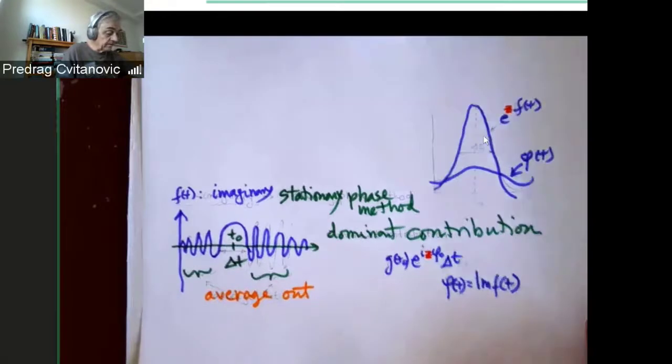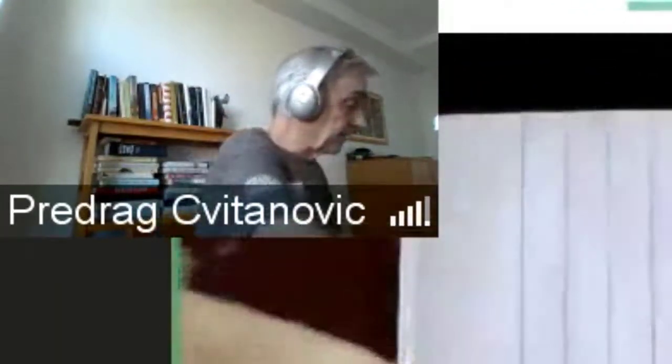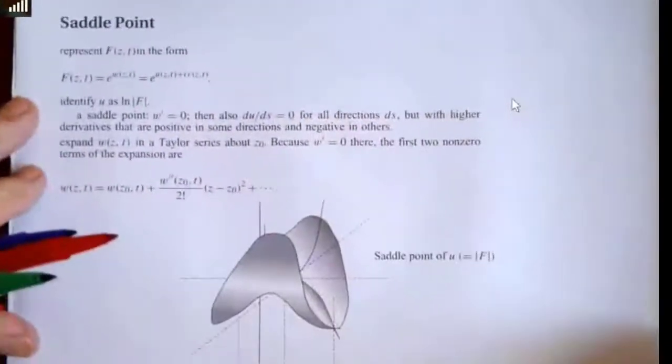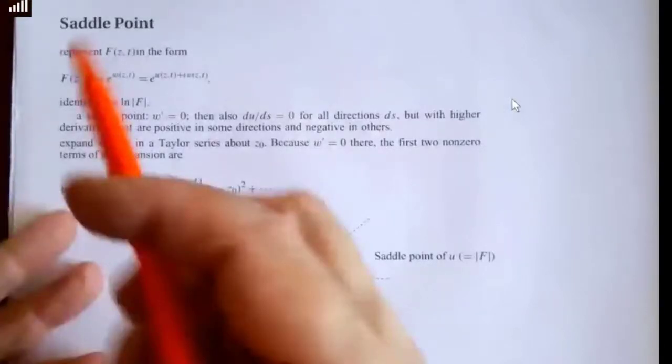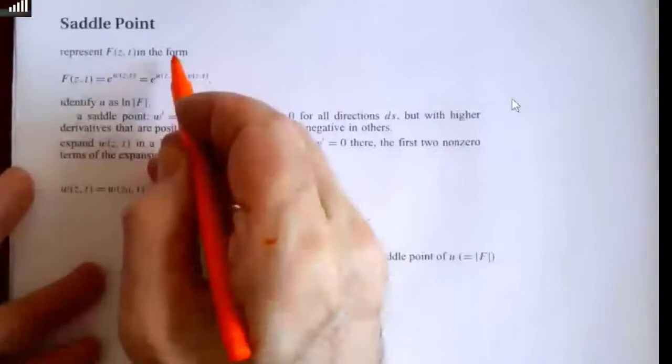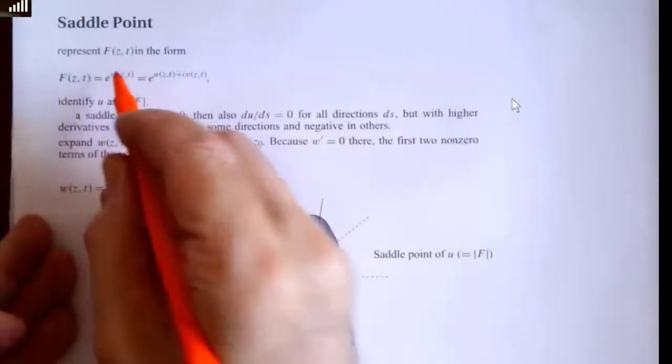Now, there is no reason for the function to be purely imaginary. All the functions we've been studying are mixtures of real and imaginary parts. And this is the reason why, in general, we have to face a saddle. So in general, what happens is that the integrand, or at least the thing that we have written in exponential form, can be written as e to the function w.